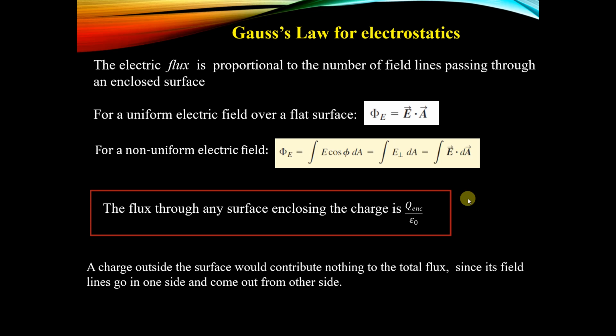So the flux contribution from any charge kept outside the surface will be zero. We are only going to get the total flux when there is a charge enclosed within the surface, and that is given by the Gauss law, that is Q enclosed by epsilon naught.